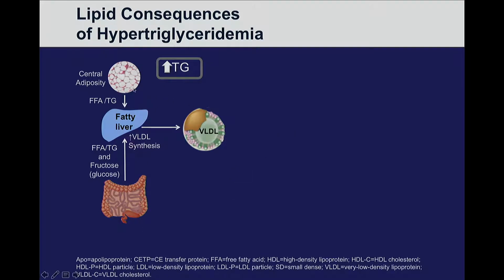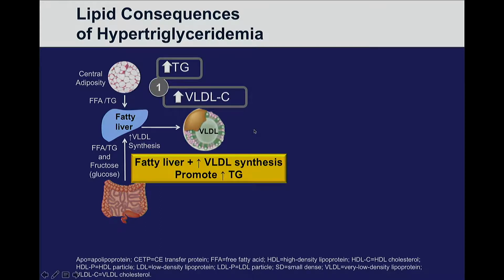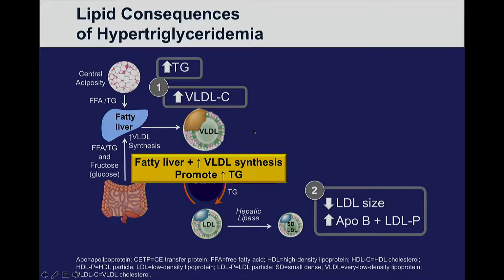Now, high triglycerides contribute to fatty liver and are commonly seen in diabetes and with increased VLDL synthesis and secretion. And so these high triglycerides are related to high VLDL levels, which promotes fatty liver. There are changes in metabolism that lead to smaller LDL size, small dense LDL that may be more atherogenic.